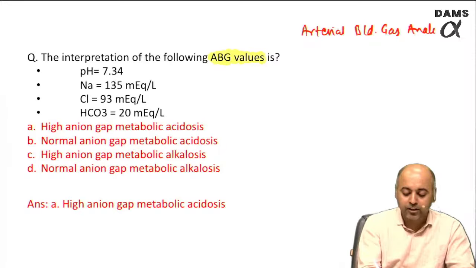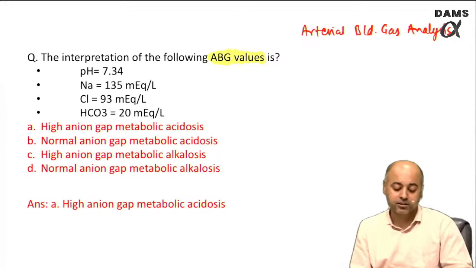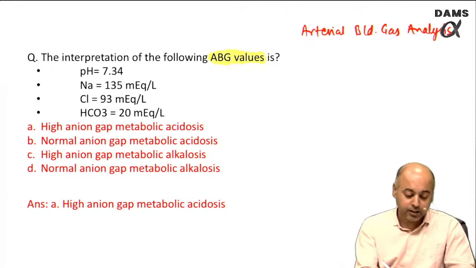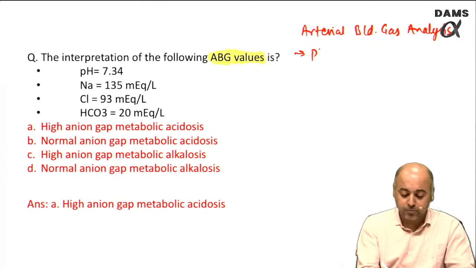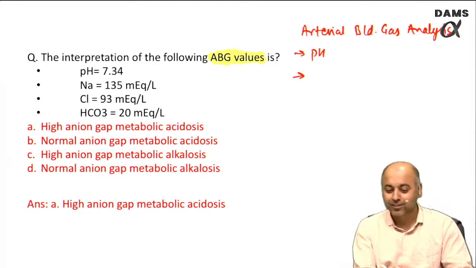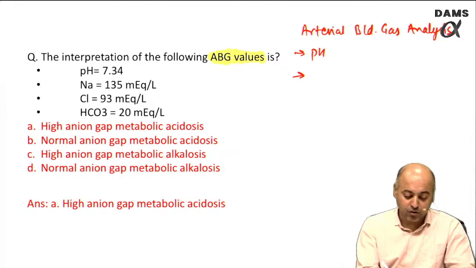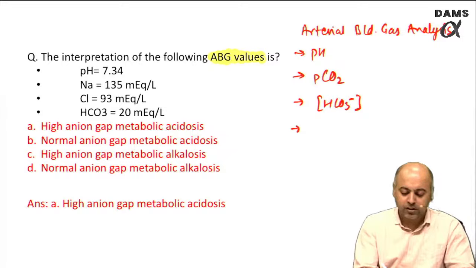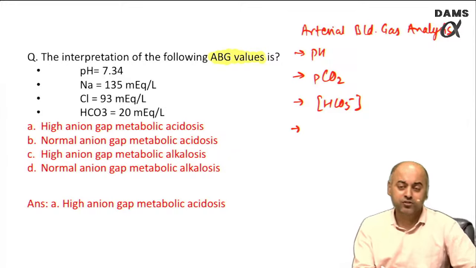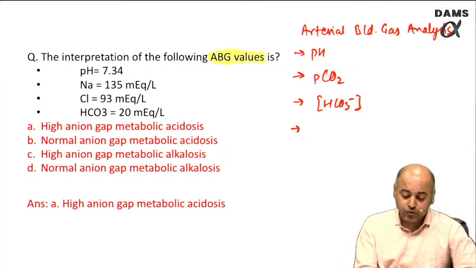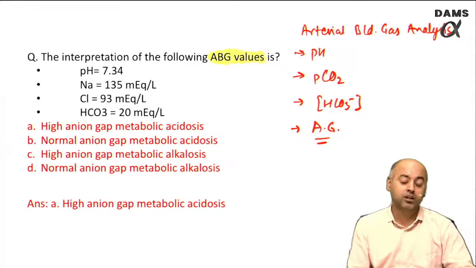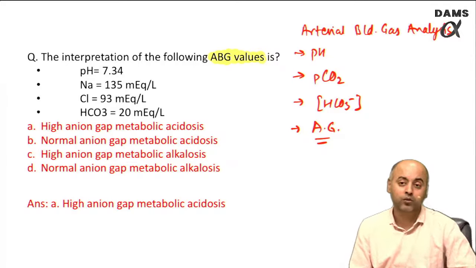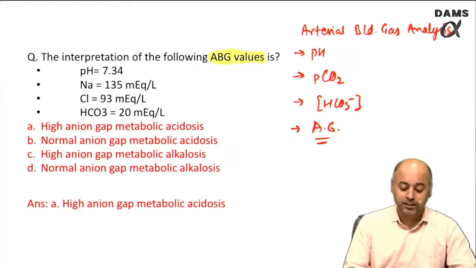You get the values of the pH, the PCO2, the bicarbonate concentration, and you also get the value of certain electrolytes through which you can measure what is known as anion gap.